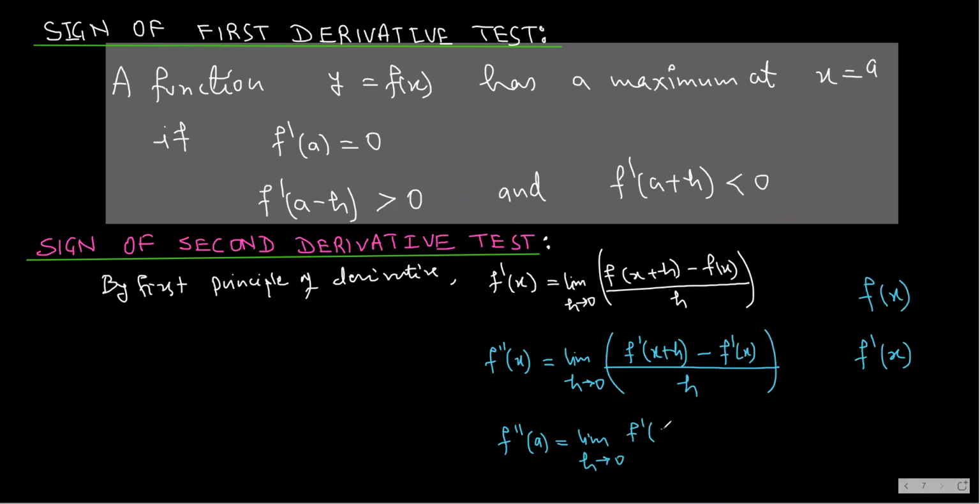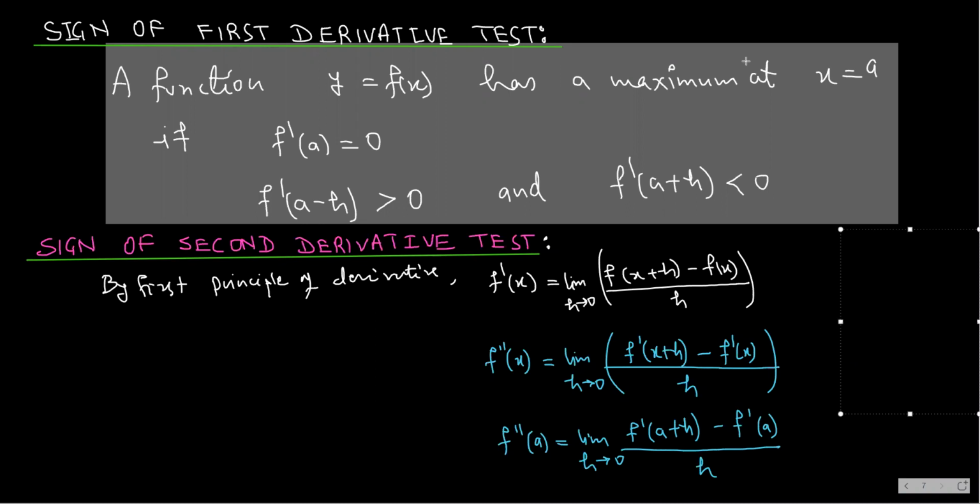So you will get f dash a plus h minus f dash a upon h. And what would you get here, students? See, f double dash a is limit h tends to 0.